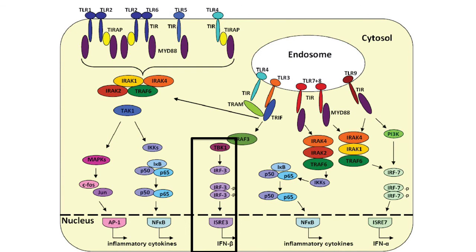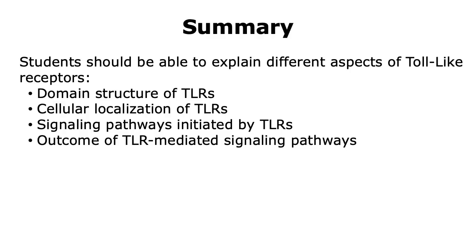And thus we can have IRF3 get activated or IRF7 get activated, and these activated IRF proteins undergo dimerization, where now they're able to function as transcription factors as they enter the nucleus and induce the transcription of type 1 interferons. To summarize, we learned about toll-like receptors in this talk, which includes their domain structure, cellular localization, signaling pathways that are initiated by the toll-like receptors, as well as the outcome of TLR-mediated signaling.